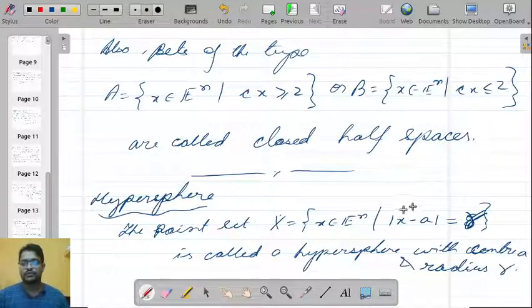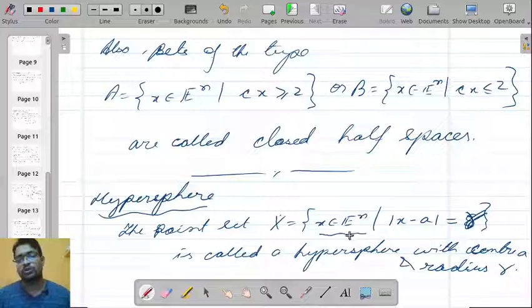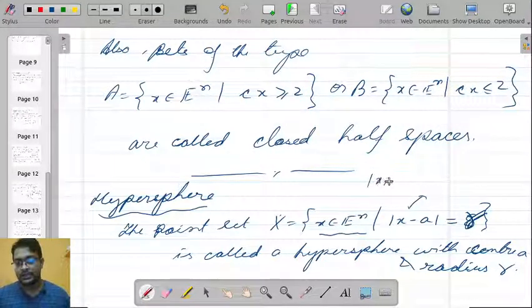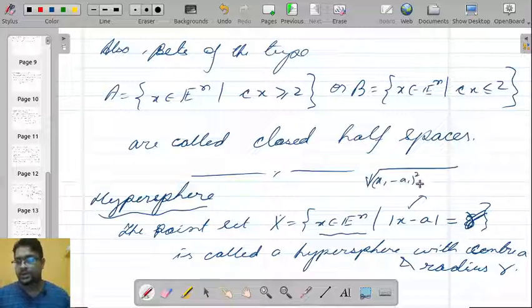The concept comes from the circle in 2 dimensions and the sphere in 3 dimensions, and we have generalized it here: the set of all those x in E to the power n which satisfy mod of x minus a equal to r. What is this mod actually? Let us write this as part of the definition.